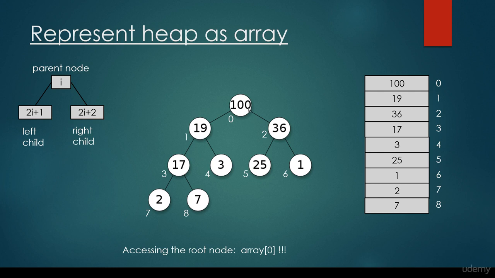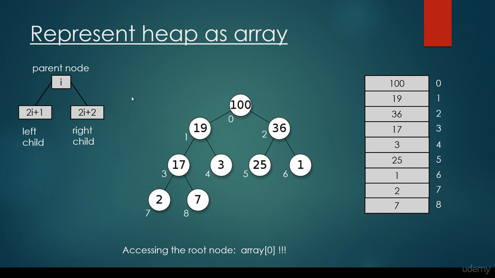So as we have discussed in the theoretical section, we have the heap and we are going to have the indices 0, 1, 2, 3, 4, 5, 6, 7, 8. And that's why we are able to store the heap in a one-dimensional array. The root is going to be the first item, so with index 0, then 1 is going to be the left child of the root node, 2 is going to be the right child of the root node.